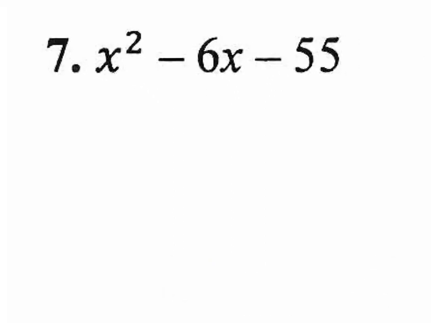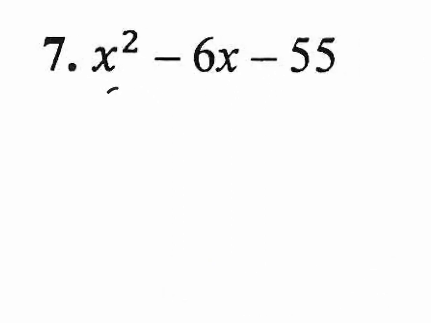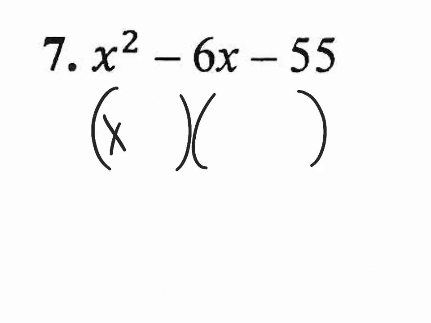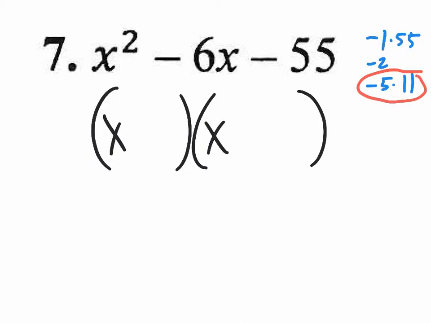Let's go to number 7 here. Answer format, x x. What times what is negative 55? You have negative 1 times 55. Negative 2, nope. 3, nope. Negative 5 times 11. And right there it is. Negative 5 and 11, when I add that together, it gives me 6.